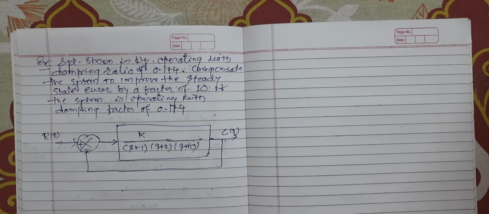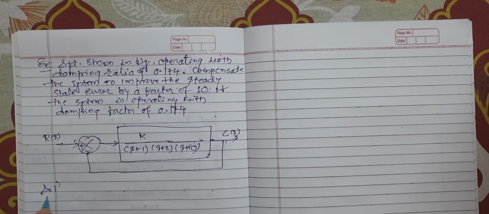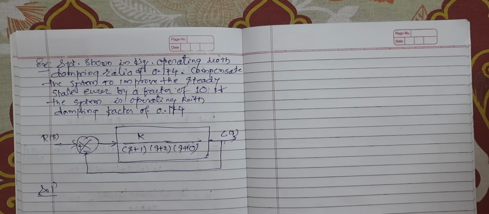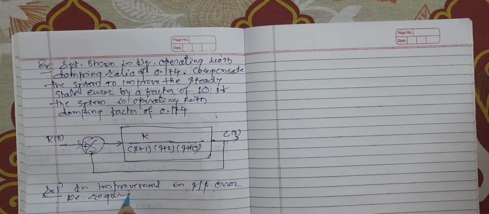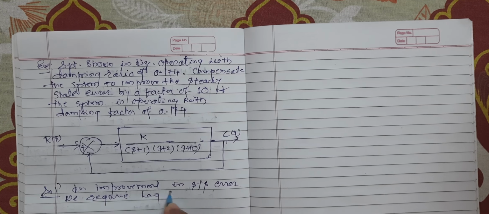Now here it is simple: we have to improve the steady state error, so that means we require the lag compensator. For improvement in steady state error, we require lag compensator.